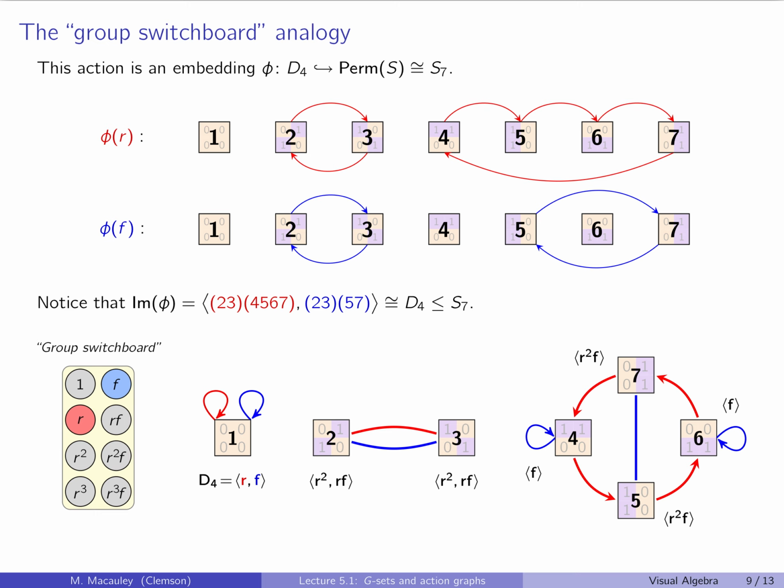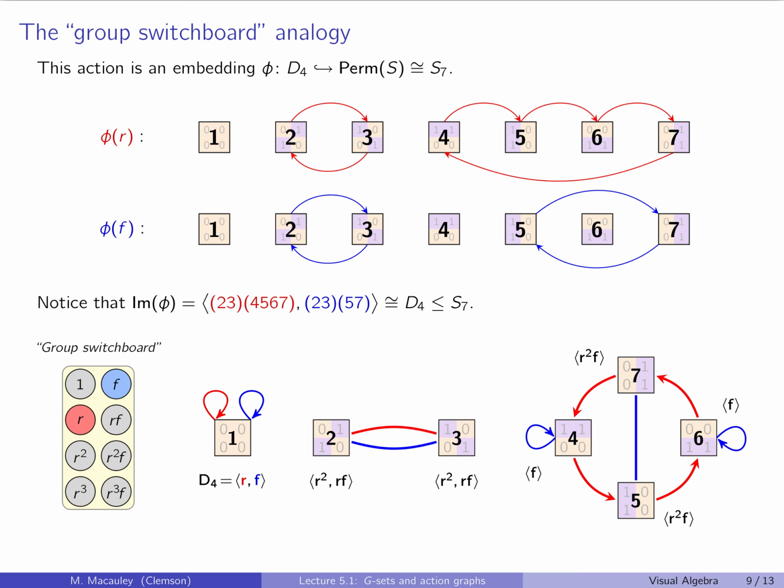This action is an embedding of D4 into the group of permutations of S, which is isomorphic to S7. And here you can see what the generators are. You can think of the image of this as being the group that you get by being generated by these permutations, (2 3 4 5 6 7) and (2 3 5 7).